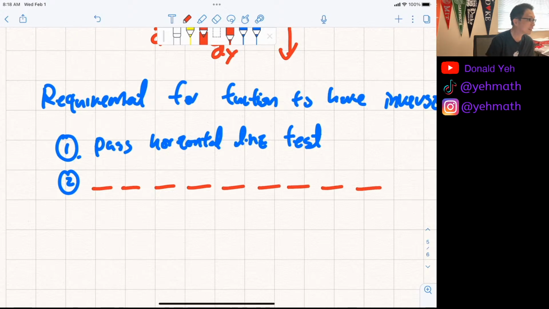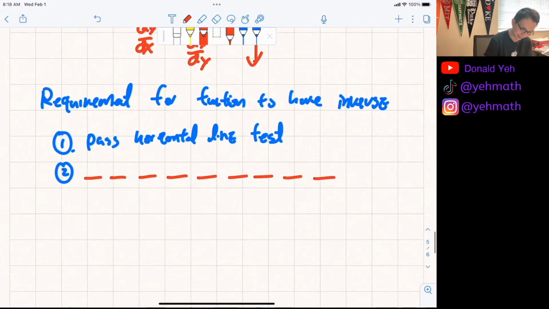Okay, 1, 2, 3, 4, 5, 6, 7, 8, 9. How many letters? 9.